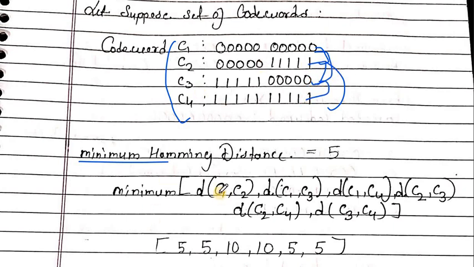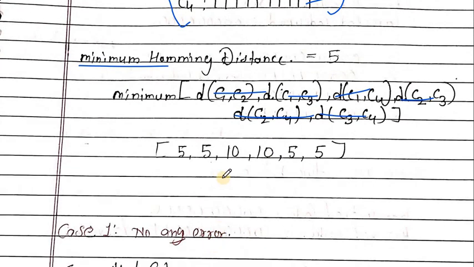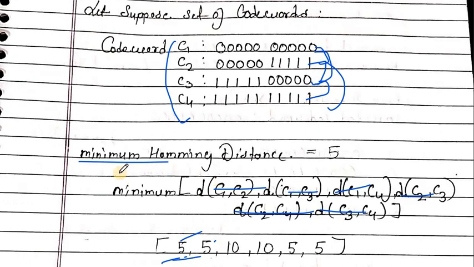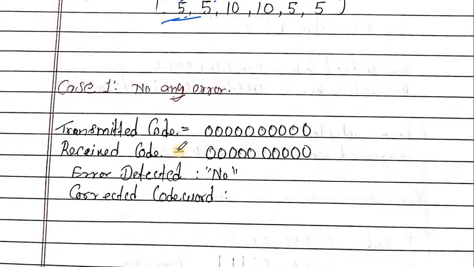After doing all of this for C1, C2, C3, C4, there are 6 combinations we can make, and from these 6 combinations we get a minimum distance of 5. So the minimum Hamming distance is 5.